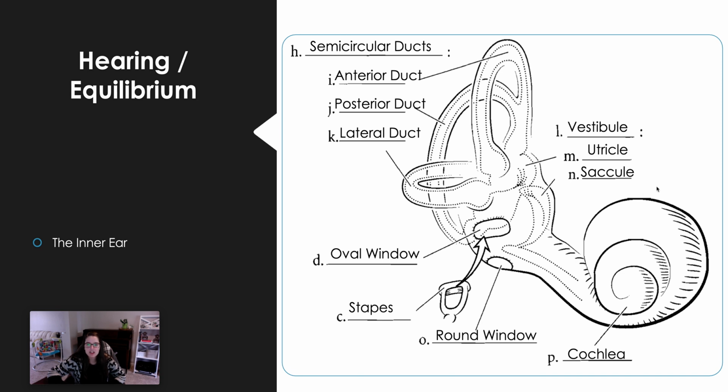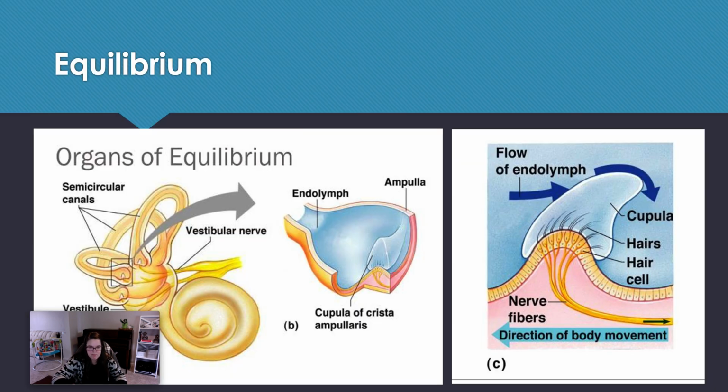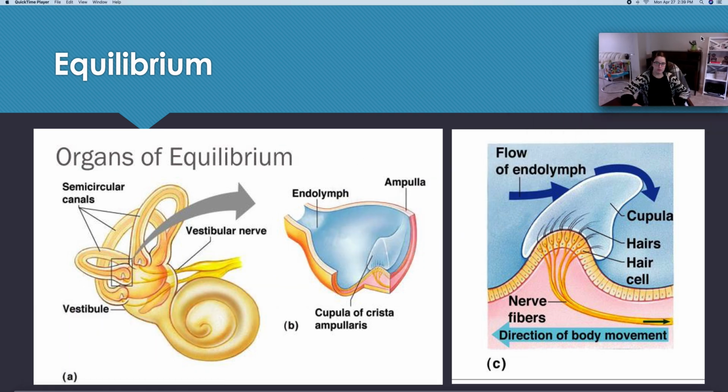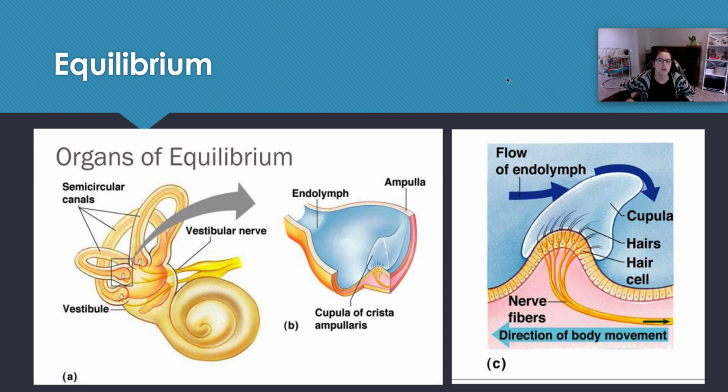And so let's cover a little bit more about balance and then we'll call it quits on the ear. All right. So as I mentioned, in the inner ear, you have the semicircular canals and the vestibules, the saccules and the utricle.